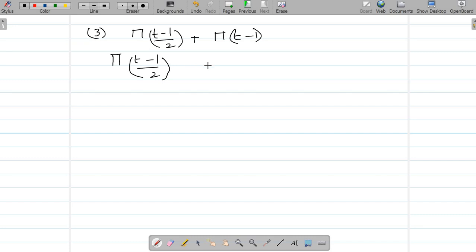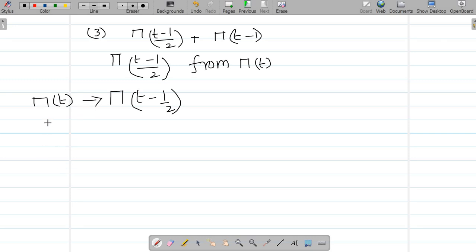We have to plot this starting from rectangular pulse of t. We know rectangular pulse of t, we have just now seen in the previous example. First what we will do is we will try to derive this. This is the procedure. So this is your first step. I have this, and from here I will derive this one. So this signal is as follows.